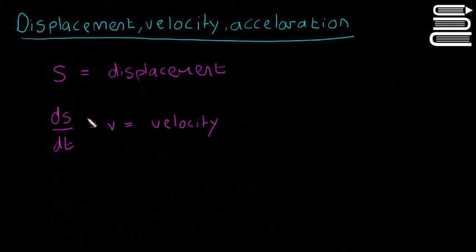Now if we differentiate this again, we get d squared s/dt squared, or you can also say that's dv/dt. Both of them are the same thing, and this is a, which is our acceleration.